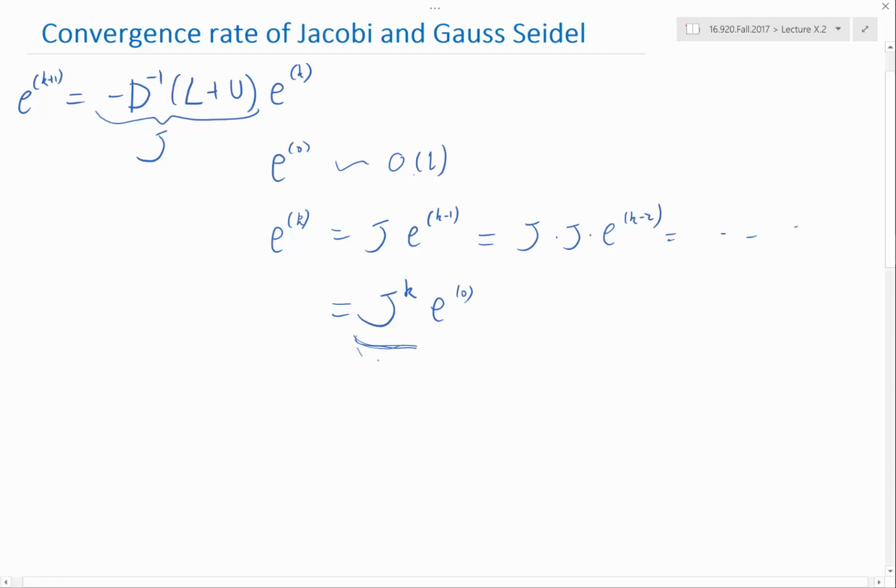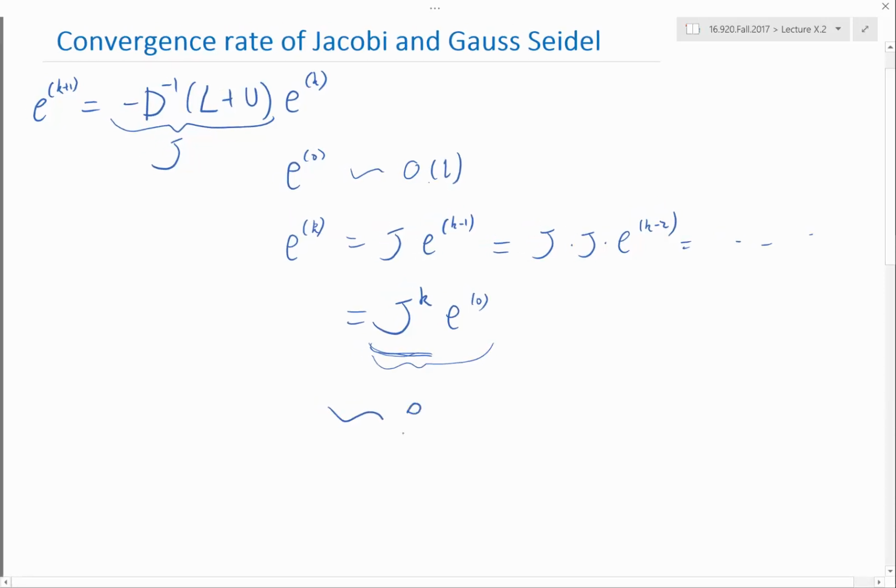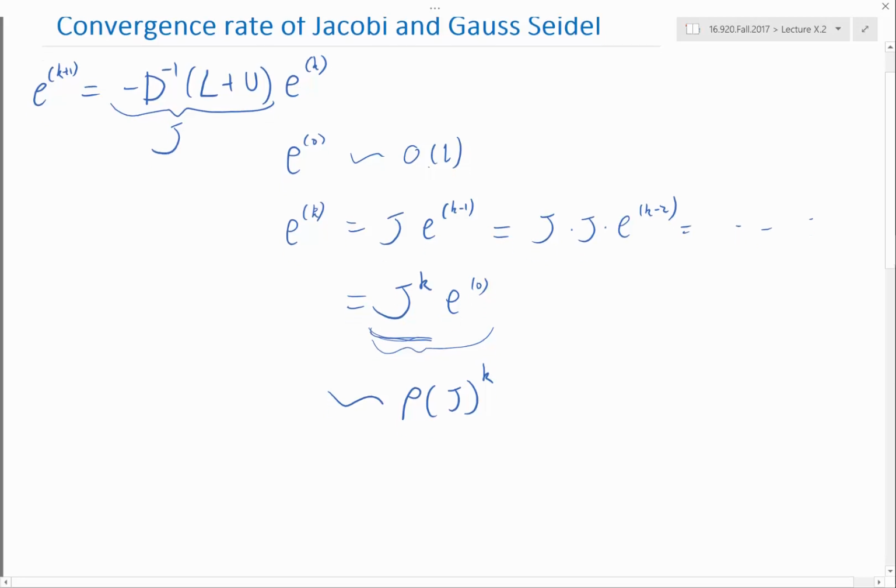So we expect for large k, the magnitude of this is roughly the spectral radius of J to the kth power times order 1. And the spectral radius is defined as the maximum absolute value of lambda_i.